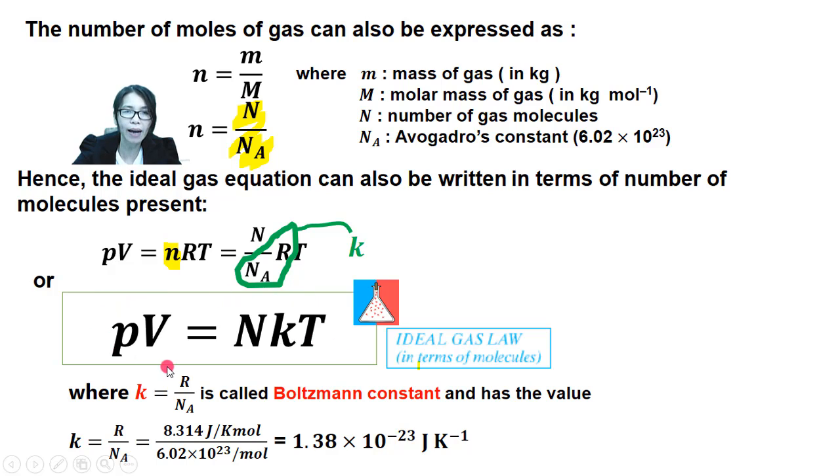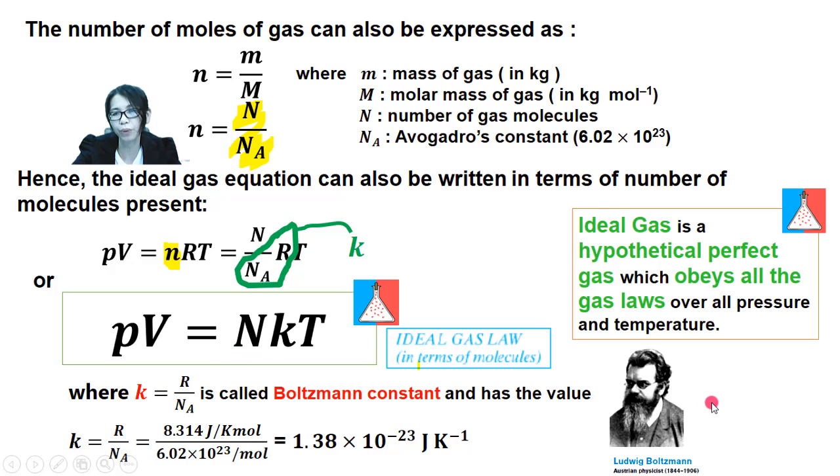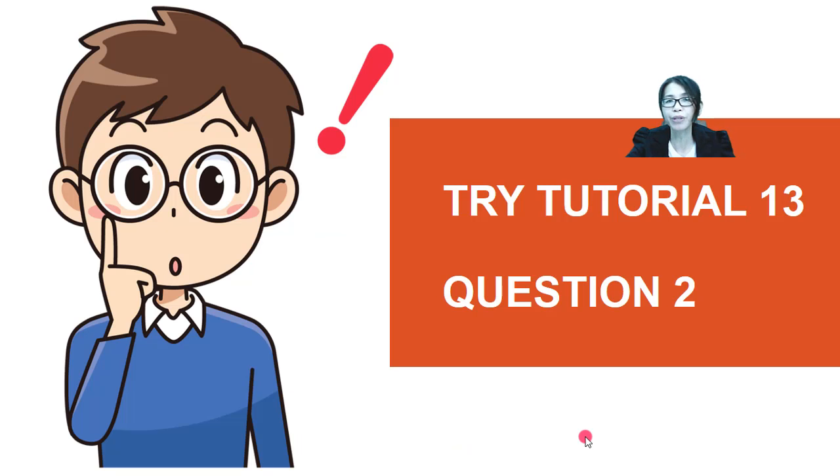This is another form of the ideal gas equation, providing that we relate it with the number of molecules. Basically, an ideal gas is a hypothetical perfect gas which obeys all the gas laws over all pressures and temperatures. So class, before we proceed to another new concept in this topic, let us try tutorial 13 question 2 together.